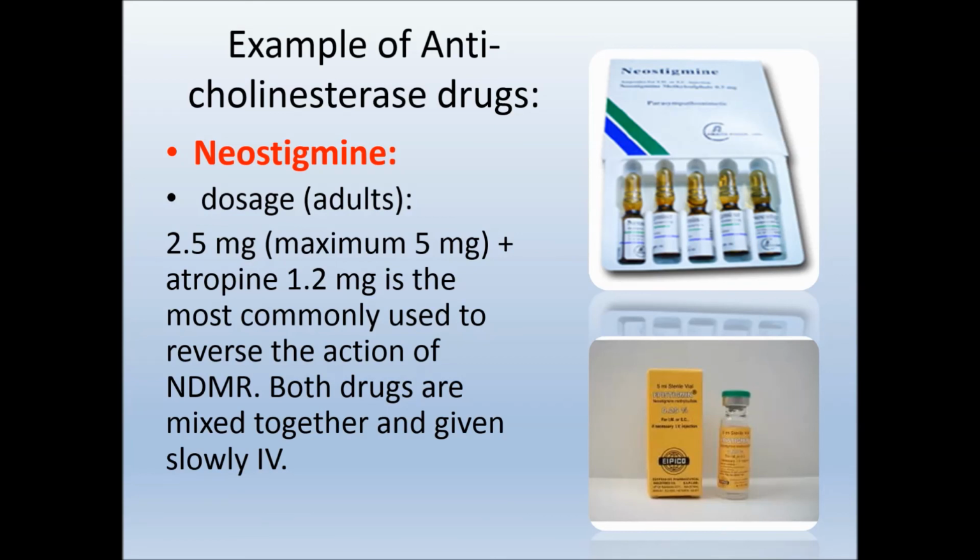Dose in adults 2.5 milligram, maximum 5 milligram, i.e. we repeat the dose twice, plus atropine 1.2 milligram, and this is the most commonly used to reverse the action of the non-depolarizing muscle relaxant. Both drugs are given mixed together and given slowly IV.